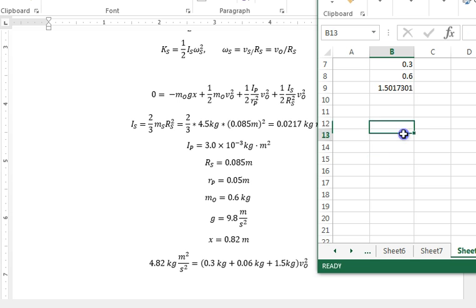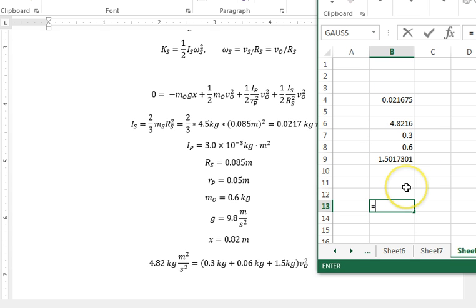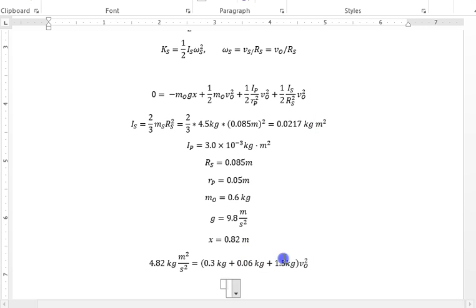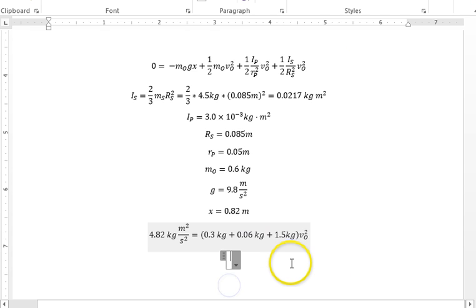Okay, so let's sum up. We have 4.82 divided by the sum of 0.3 plus 0.06 plus 1.5, 2.59. So this gives us v of the object squared is 2.59 meters squared per second squared.